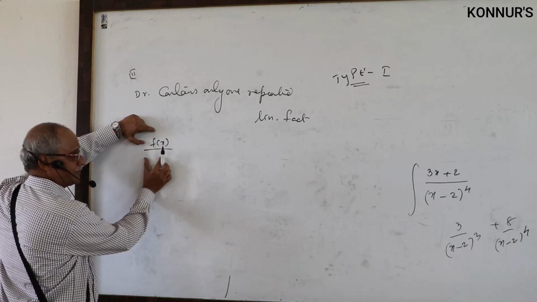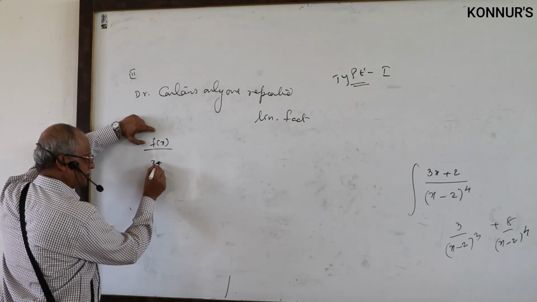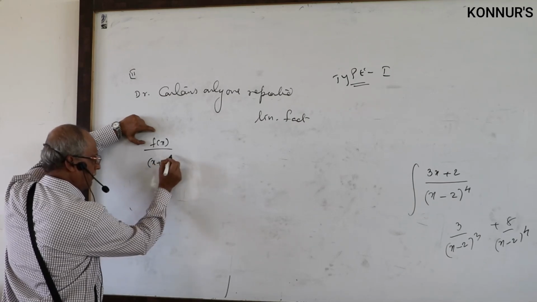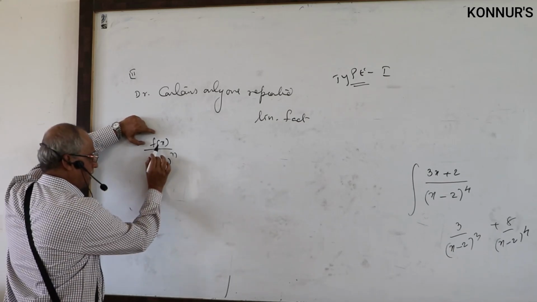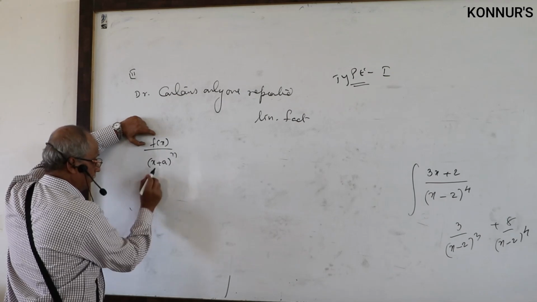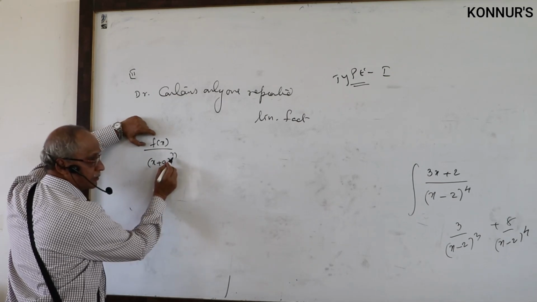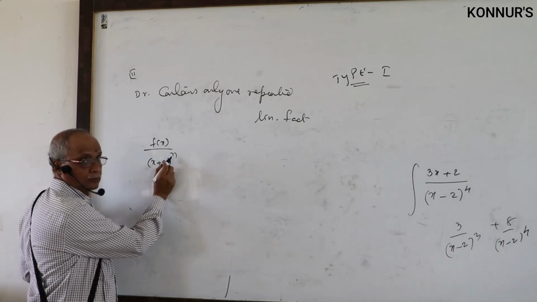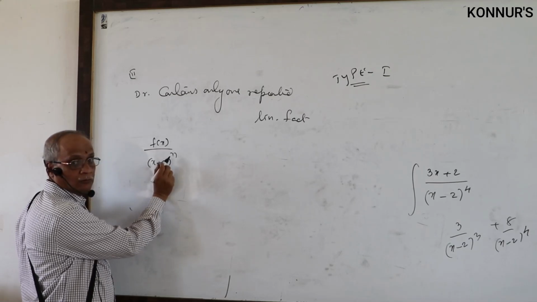Take this in your synopsis. F of x by (x plus a) whole power n. The numerator is one linear function. The denominator has only one linear factor repeated a number of times, where n is 1, 2, 3, 4, 5, any natural number, no problem.